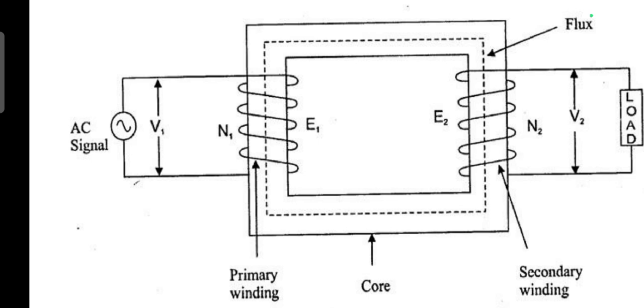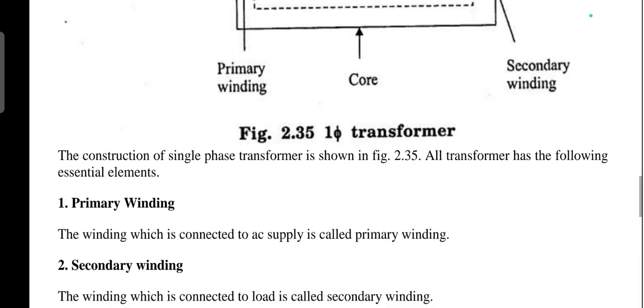The voltage in the primary winding is denoted as E1 and the voltage in the secondary winding is denoted as E2. The overall connecting part of the primary and secondary windings is called the core. With the help of the voltage, the number of turns, and the field, flux is created, which may be self induced or mutually induced. Okay, this is the construction of the transformer.